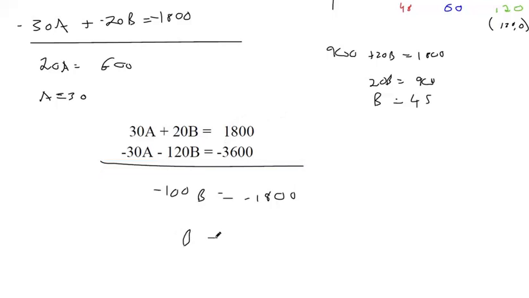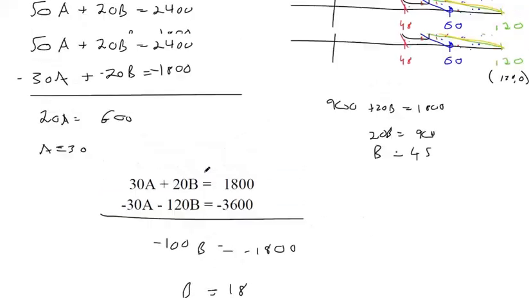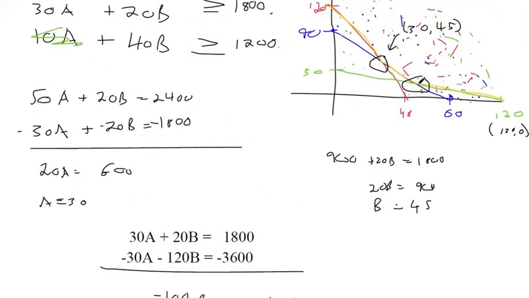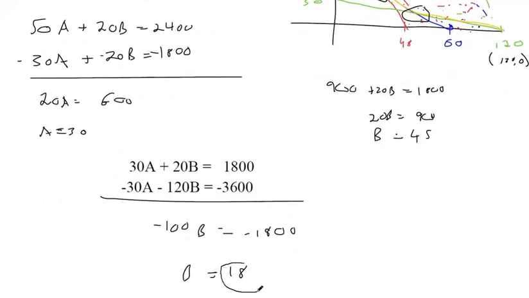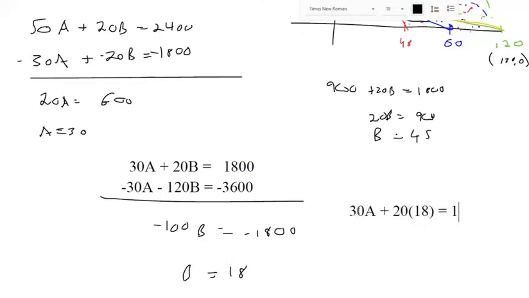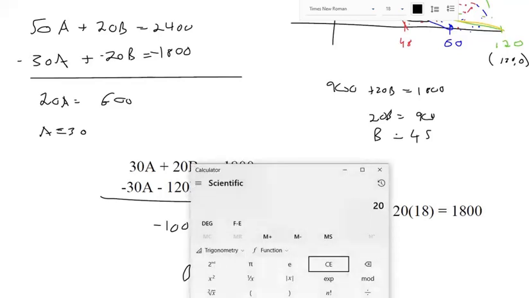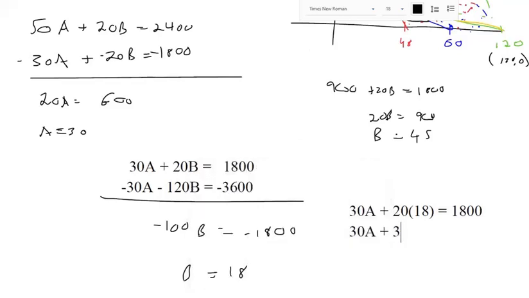So it gives us -100b equals -1,800 when you add these together. So in other words, b is going to be 18. So that's the b coordinate, the y coordinate in other words. To find the x coordinate, you can plug in 18 into either one of these two equations. So I'll plug it into the top equation. So 30a plus 20 times 18 equals 1,800. So 20 times 18 is 360.